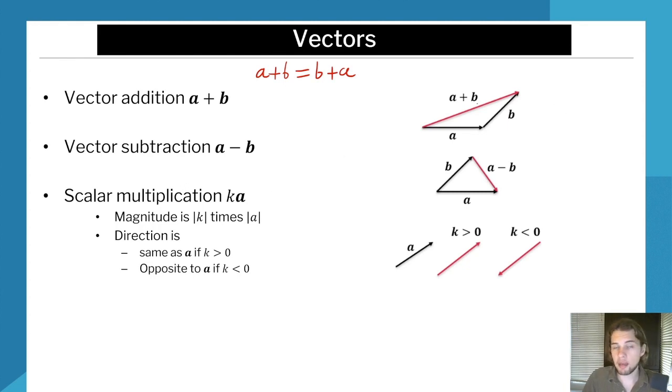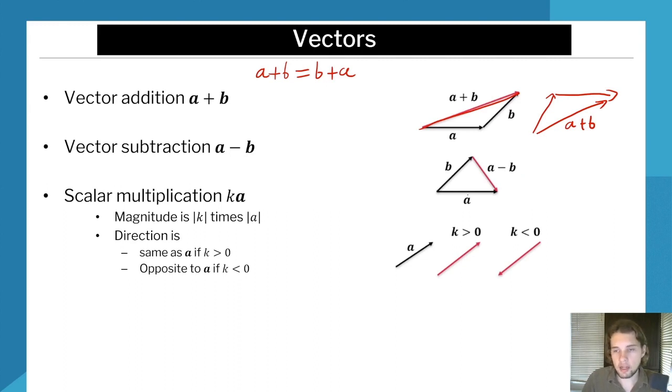We can prove that by looking at arrow representations of vectors. So over here we have a going first and then b, and you can see the final line that it generates, which is a plus b. Instead, we can put b first and then a, but then this final line looks the same. So we have a commutative sort of operation here.